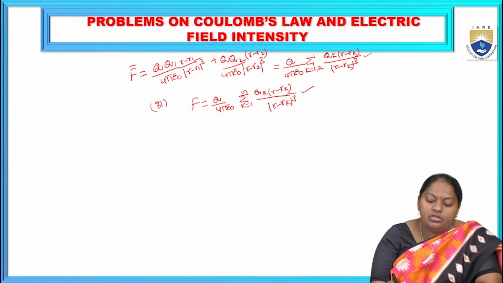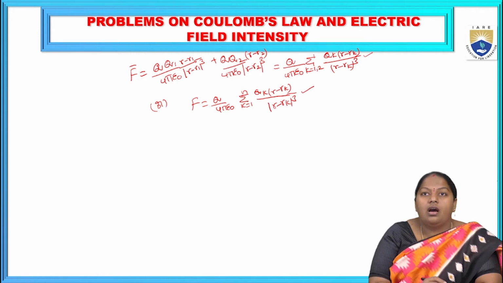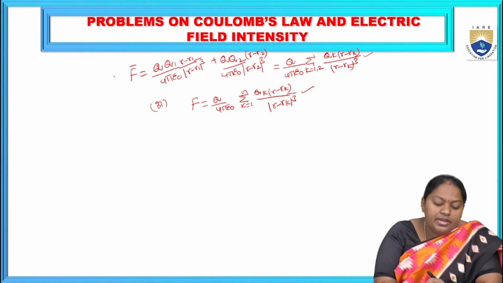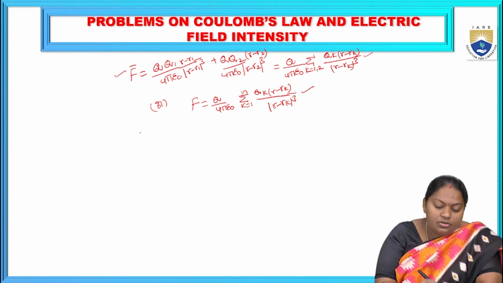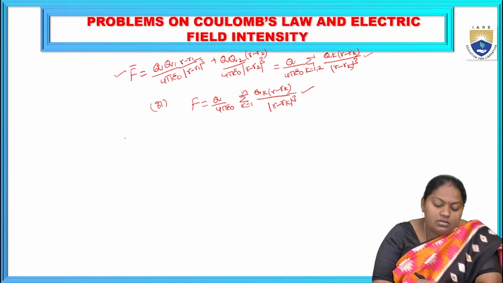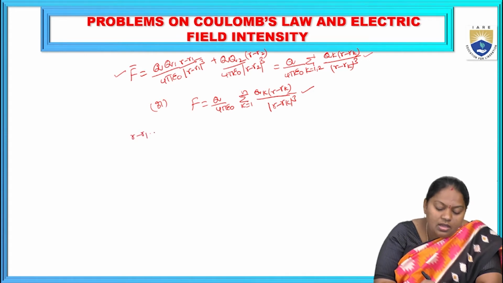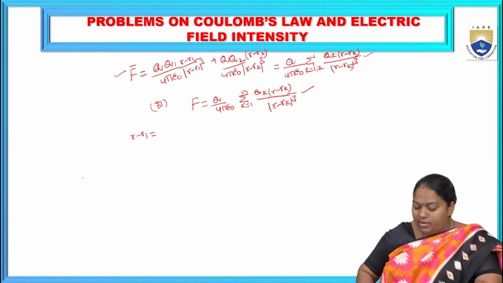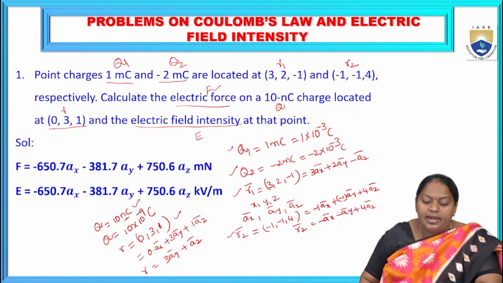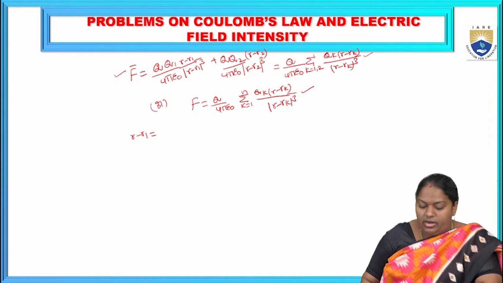Now the approximate equation for 2 charges, from which we are going to write elaborately Q1, R1, Q2, R2 and Q along with R, right? In order to find this electric force, first we need to find the vector positions. So first, R minus R1 equals: what are the values given? R is (0, 3, 1) and R1 is (3, 2, minus 1), right?